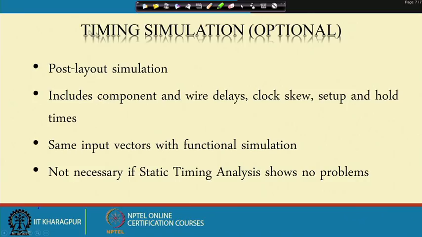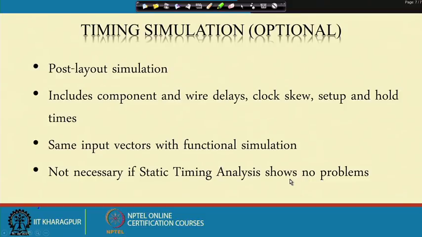Here you see the timing simulation includes component and wire delays, clock skew, setup and hold times. Though I have put the same vectors as in the functional simulation, it is not necessary that it works if static timing analysis shows no problem.